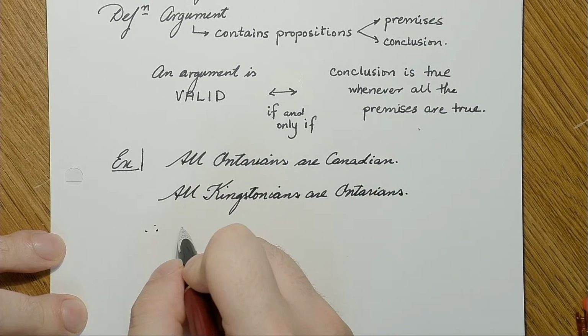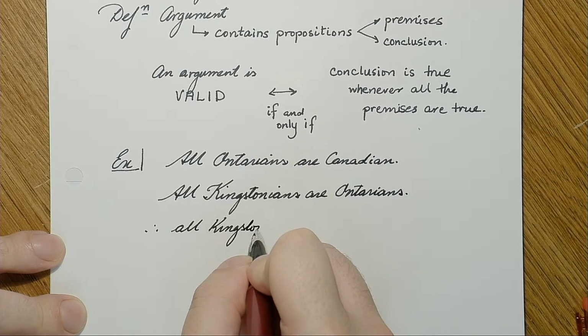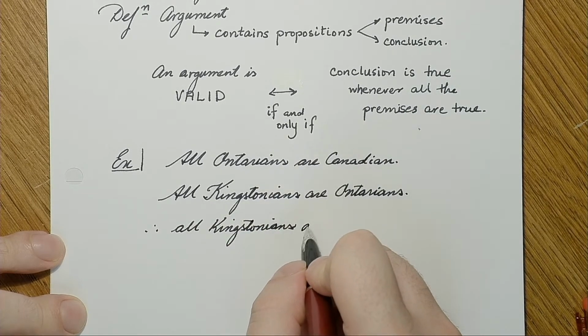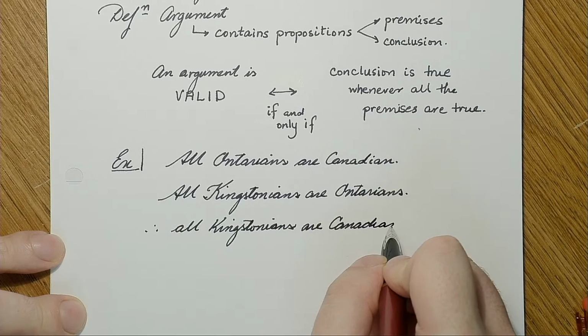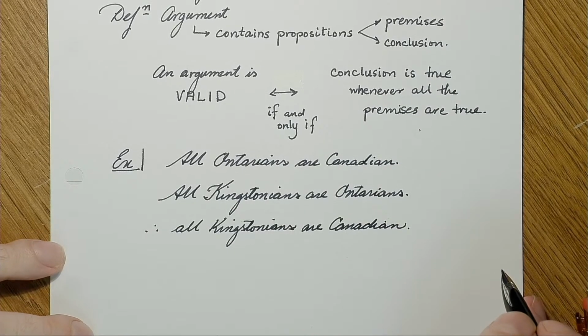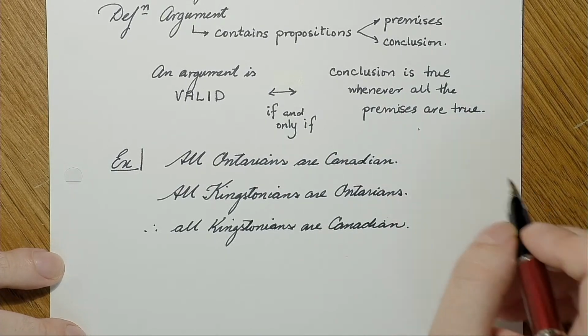And therefore, all Kingstonians are Canadian.